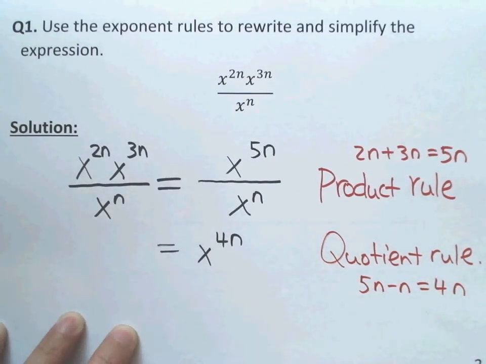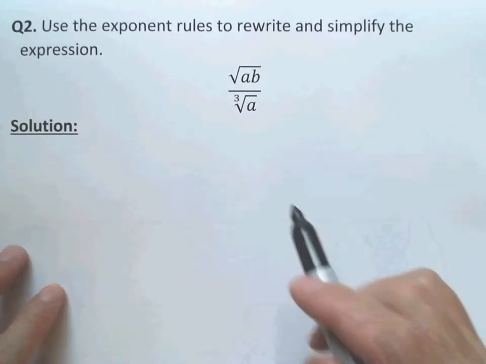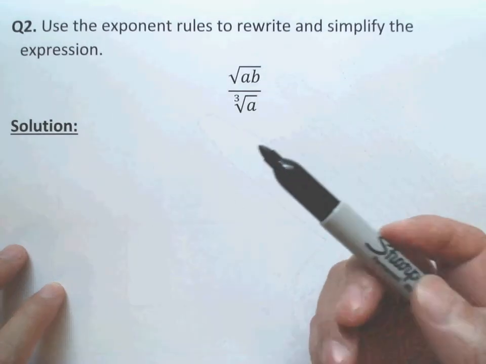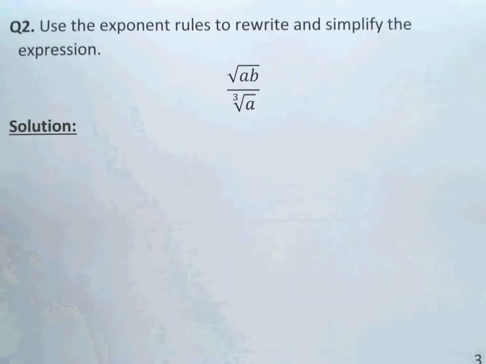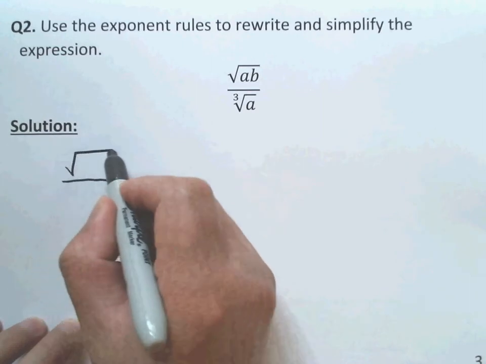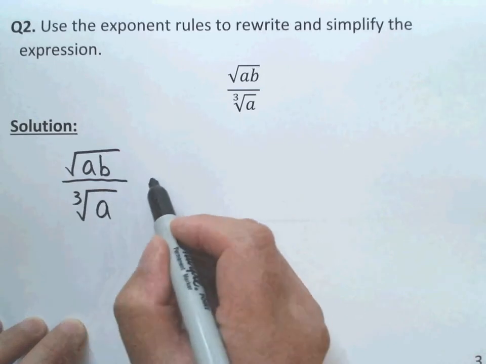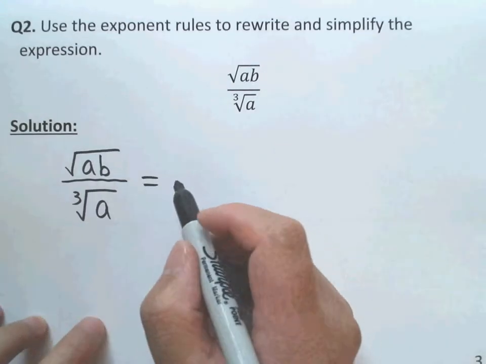This is the first example I show you. Another example, look at this. Still very similar, however, we do not see the power. This is a root, but we can change a root to an exponent, right? So the first thing we do is change it to a power. Let me write the original. This is kind of a fraction, with a square root and a cube root. Usually we like powers because we have a lot of exponent rules to use.